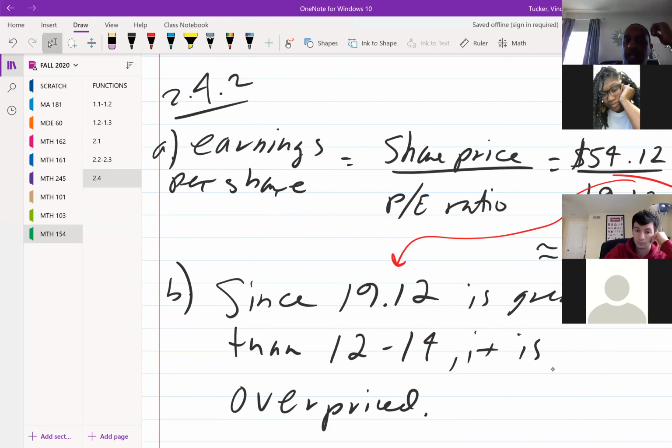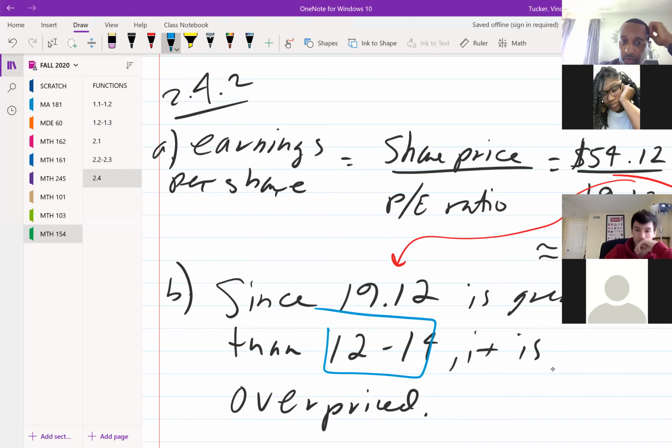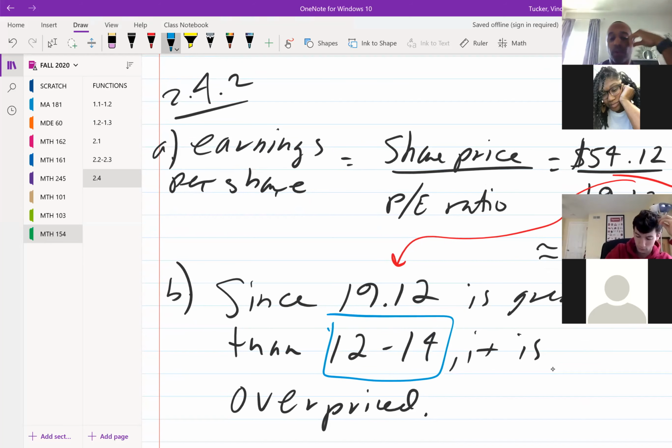My PE ratio, the last was 19.12. So we can get the same result. Since 19.12 is greater than the whole range 12 to 14, basically the 19.12 is greater than the 14. That means it's overpriced. So if your PE ratio was in between 12 to 14, it'll be just about right. And if that PE ratio was less than 12, then it would have been underpriced.